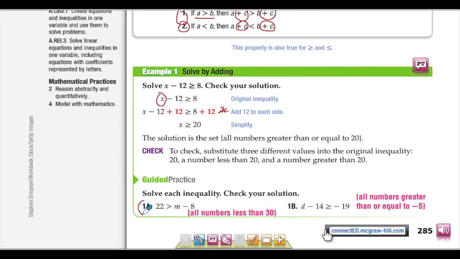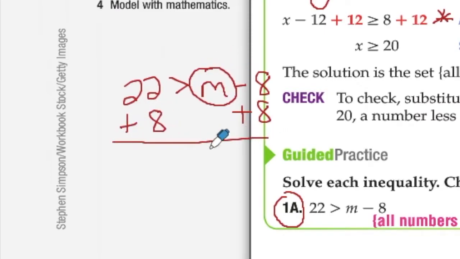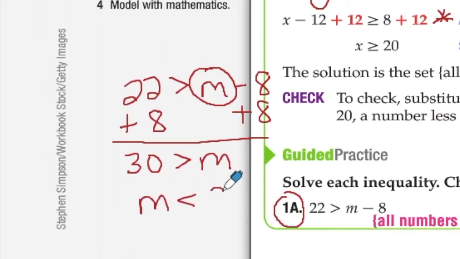So for the example guided practice, we have 22 is greater than m minus 8. And we're going to use the addition property of inequalities to add 8 to both sides. The reason we're adding 8 is because we want to isolate the variable m. What we're left with is 22 plus 8, which is 30. 30 is greater than m is the same thing as m is less than 30.